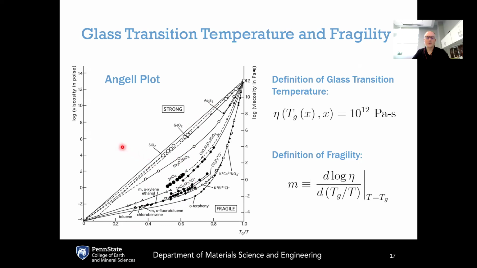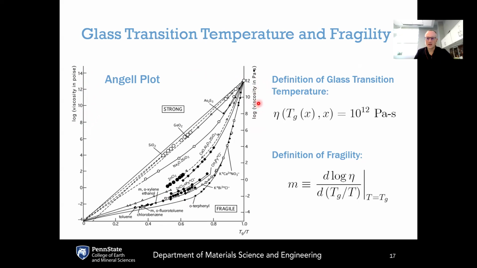And the way that this plot is configured is that the y-axis has the base 10 logarithm of viscosity. You'll see that there's a left-hand y-axis and a right-hand y-axis. The only difference here is the units in which the viscosity is being expressed. On the left-hand axis, this is the log of viscosity in poise. On the right-hand side, it's the log of viscosity in Pascal seconds.